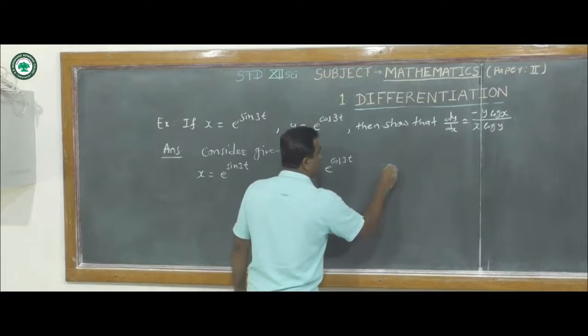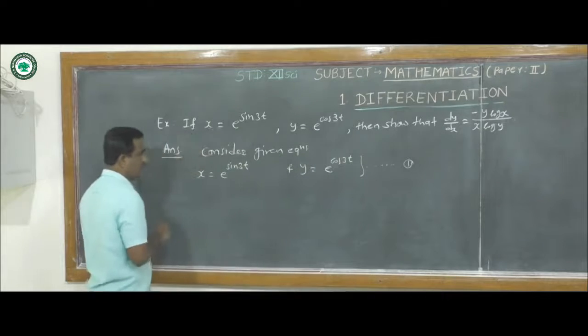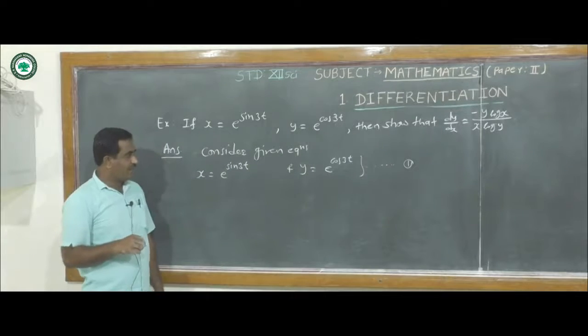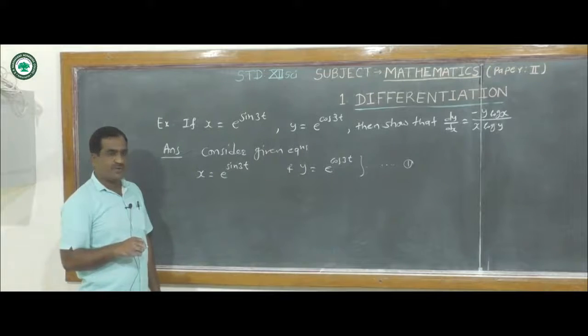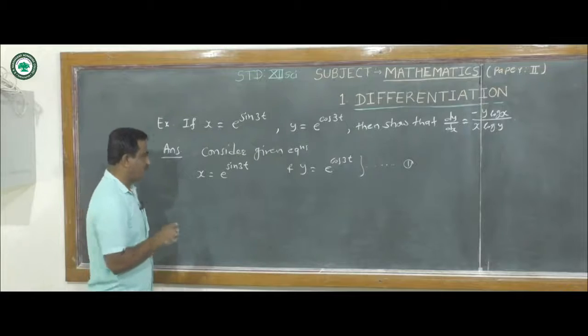Commonly say this as equation number first. Now we can differentiate these equations with respect to t, because the RHS is in the form of t.